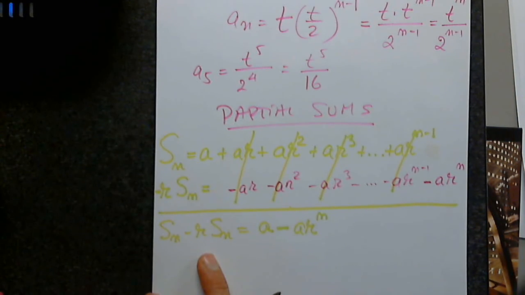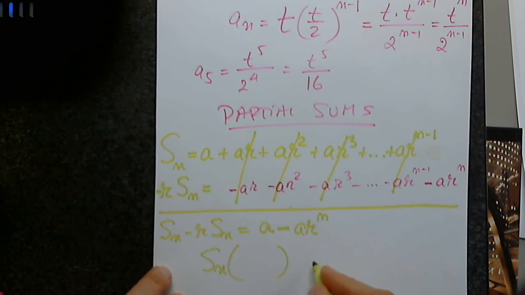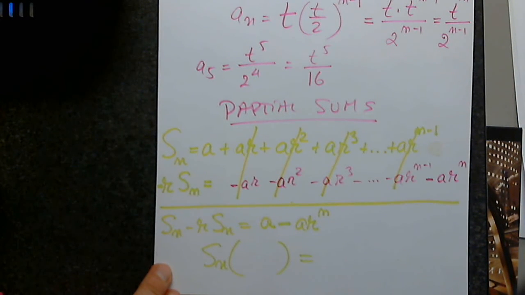So if I want to solve for S sub n and I cannot combine them, then the only option is, which of the 3? Absolutely. So I have to factor out S sub n. What is left? Very good. Here I will also factor a, 1 minus r to the nth power.